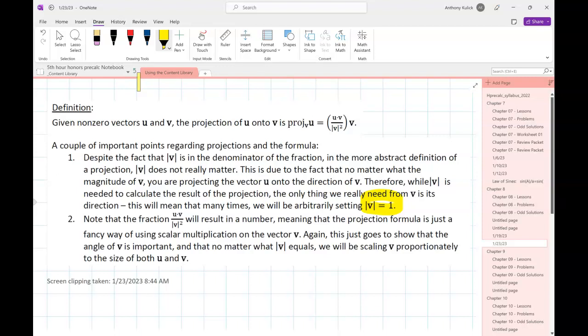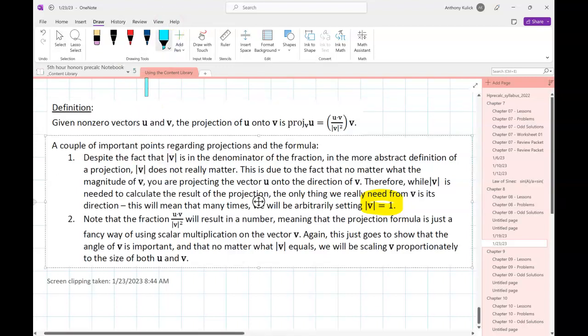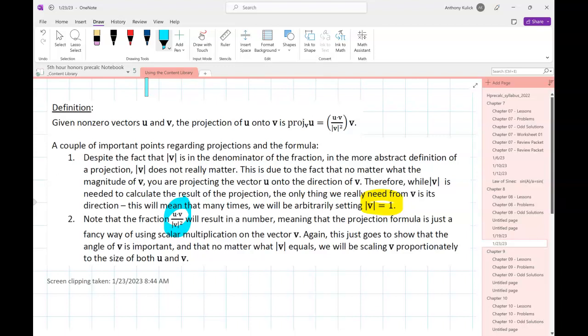And then, as I mentioned earlier, this quantity, U dot V over the magnitude of V squared, is just a scalar. That's a real number divided by another real number. So this is just scalar multiplication is all this projection is talking about.